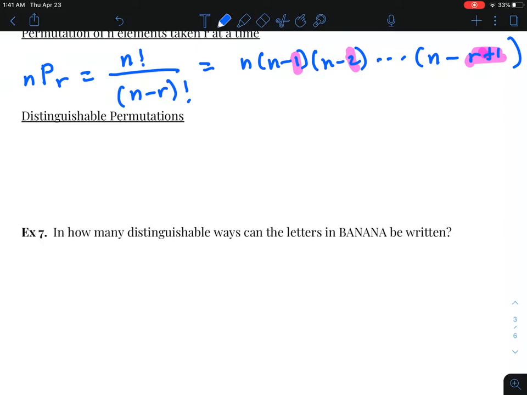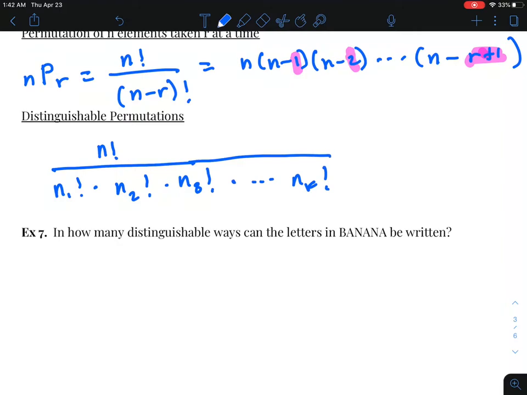The formula for that is n factorial over n1 factorial times n2 factorial times n3 factorial, and so on up to nk factorial.